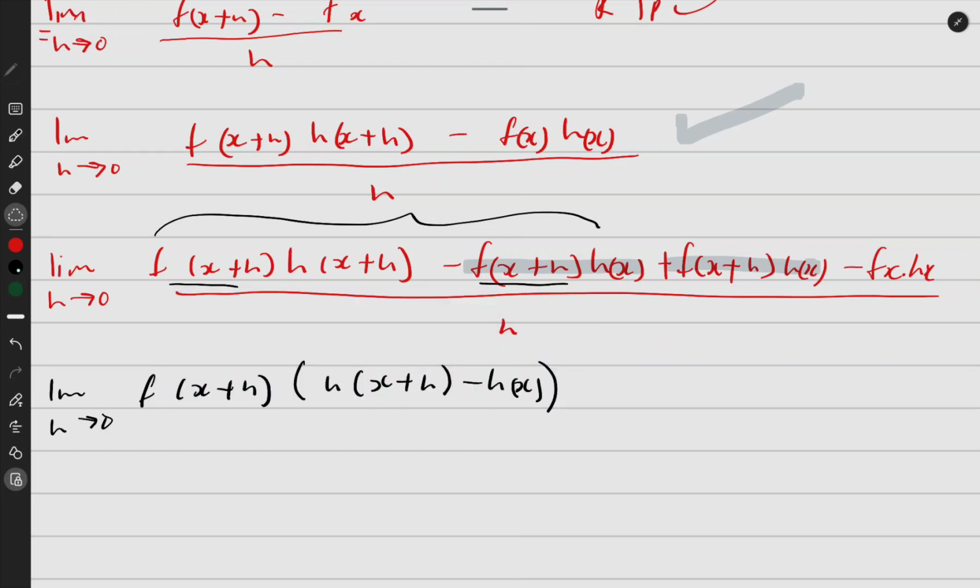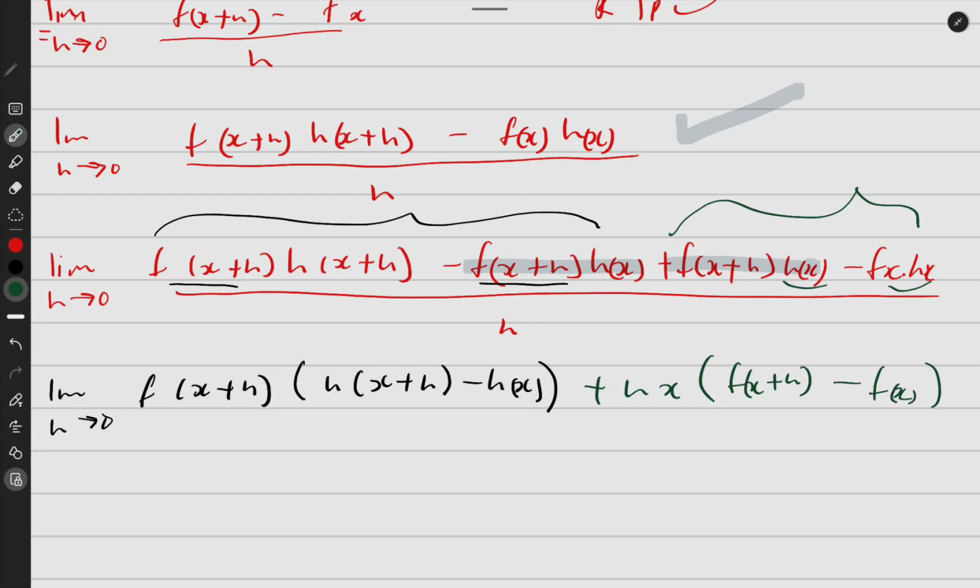Okay, so now, and also this side I have something common. This is common from these two terms. What is common there? It's h of x, and if I take it out from here, I'll have f of x plus h, and if I take it out from here, I'll have minus f of x.